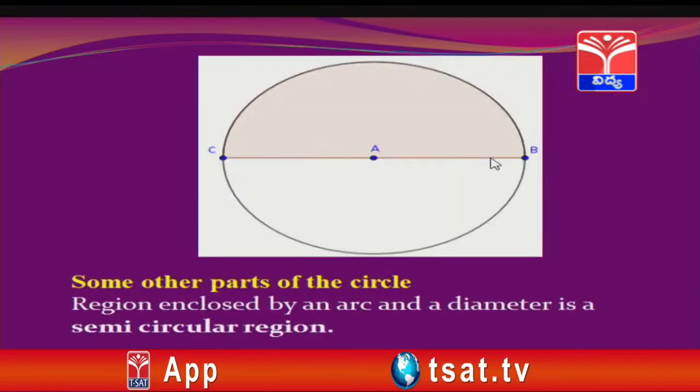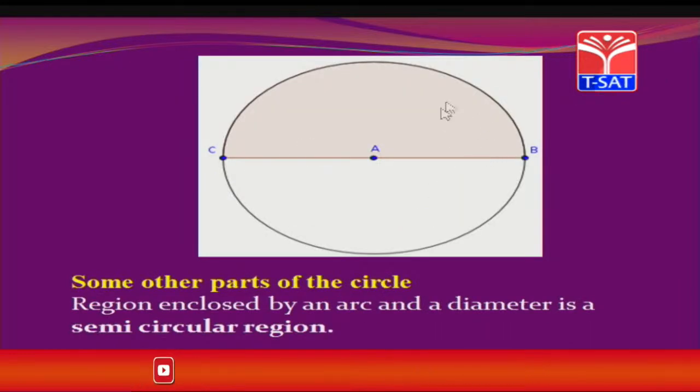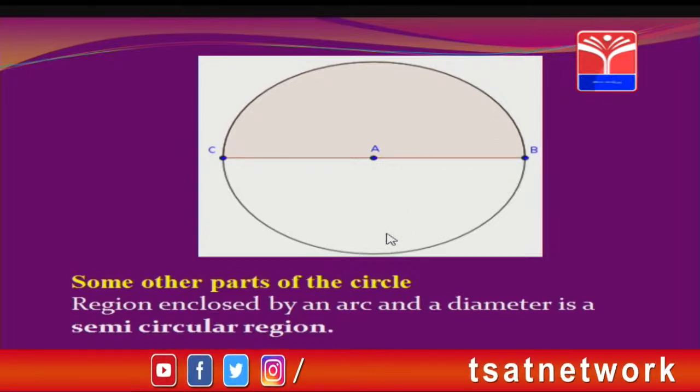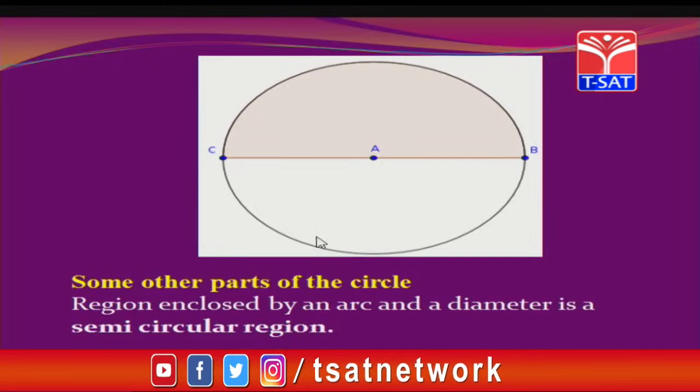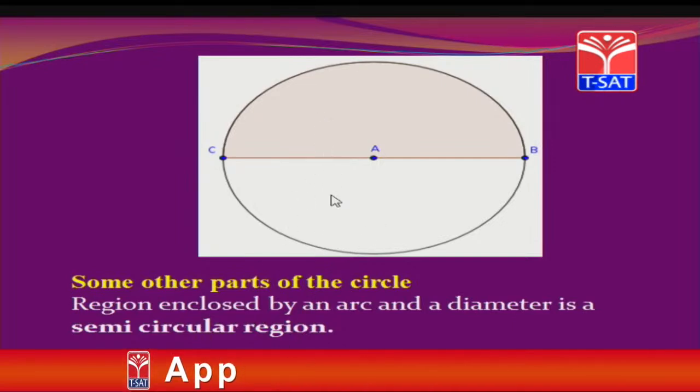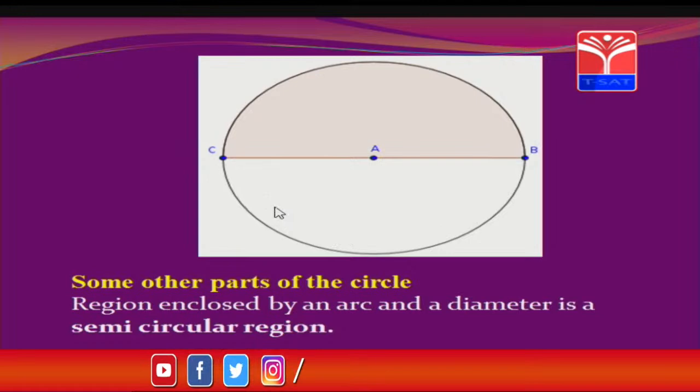A diameter passing through a circle divides the circle into 2 equal parts. This is called a semicircle, which is equally divided by the diameter. Understand, the shaded part is a semicircle, and this is also a semicircle.